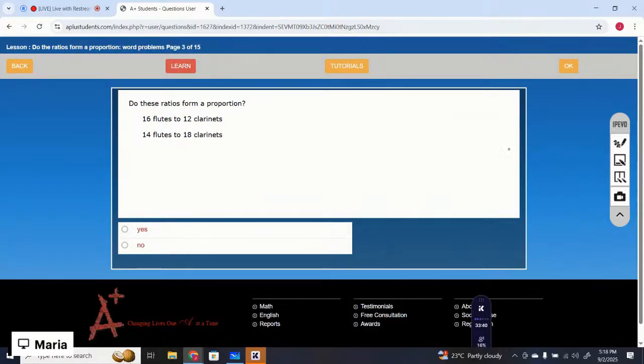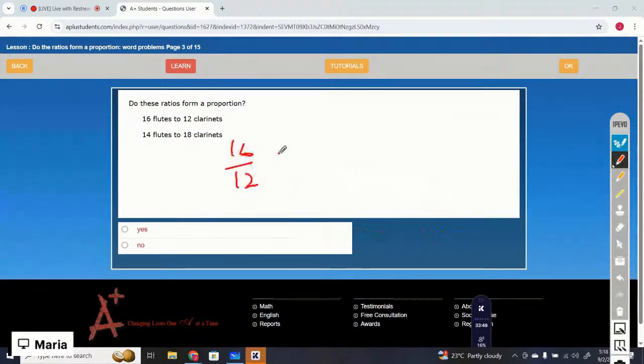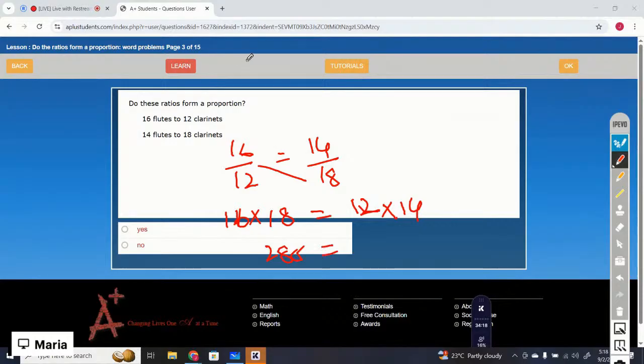Sixteen flutes to 12 clarinets and 14 flutes to 18. So 16 times 18 is equal to 12 times 14? 16 times 18 is 288, and 12 times 14 is 168.